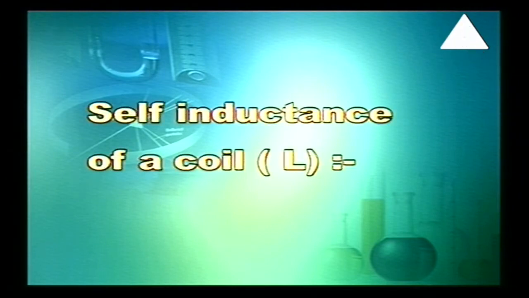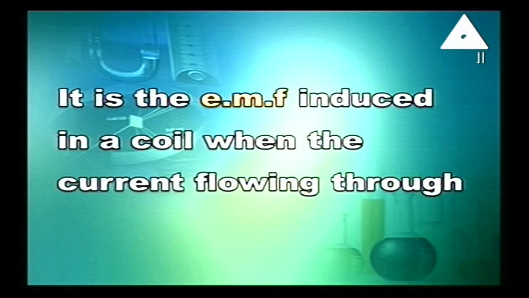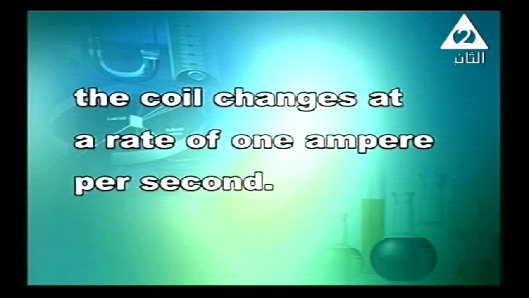So Henry has two definitions, one according to mutual induction and the other according to self-induction. The self-inductance of a coil is denoted by capital L, and it is the EMF induced in a coil when the current flowing through the coil changes at a rate of 1 ampere per second.